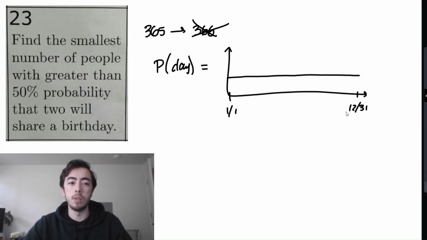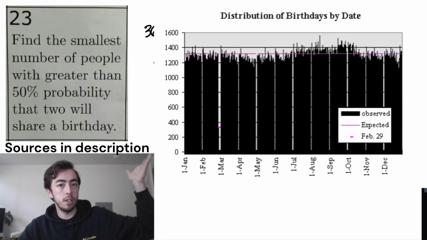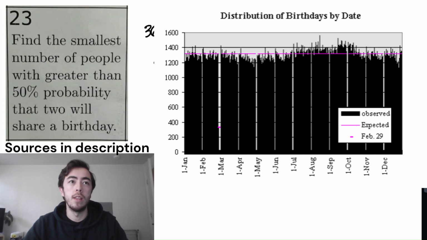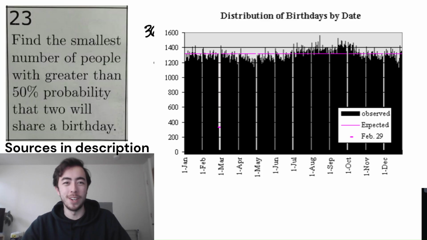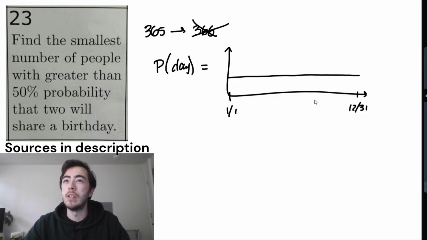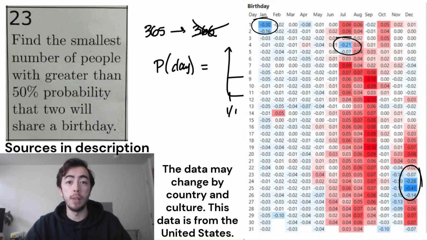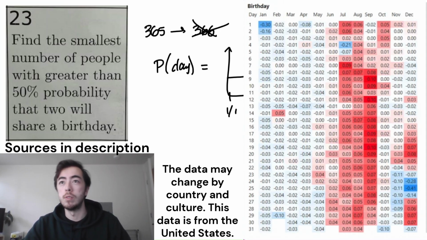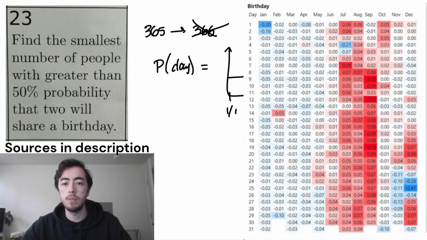I'm going to put a little image here that shows the actual true probability distribution. For example, you could see February 29th is really low because it only happens one in every 4 years. And then some holidays are also pretty low. I think that's because there are enough births that are planned through drugs or through surgery that certain days have a lower probability than others.